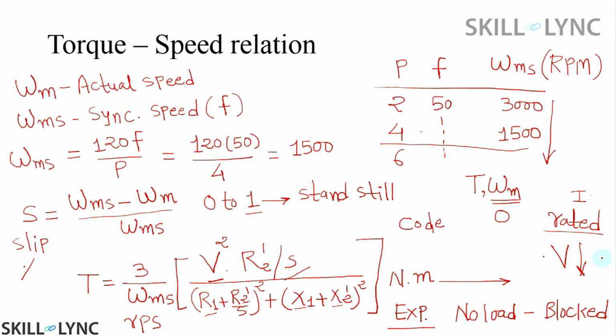So if you do this loss calculation for the no load and block rotor conditions, you can calculate all 4 parameters. So now I assume that some typical parameters from this test are known to you, and we are going to enter those parameters in the MATLAB code.